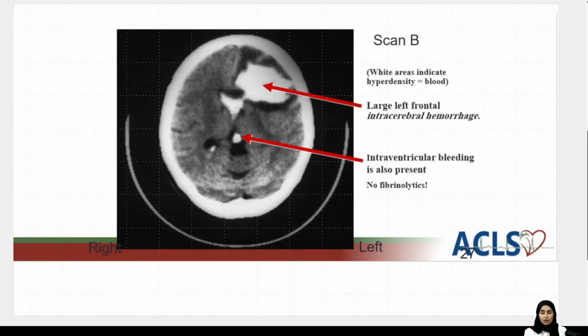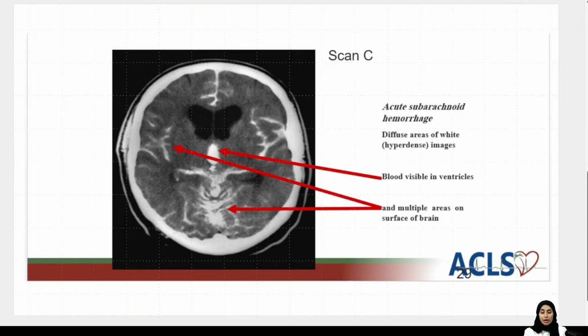Again, this patient is not a candidate for fibrinolytic therapy. This head CT showed acute subarachnoid hemorrhage. As we see, there is hyperdensity and multiple areas of blood in the ventricles.